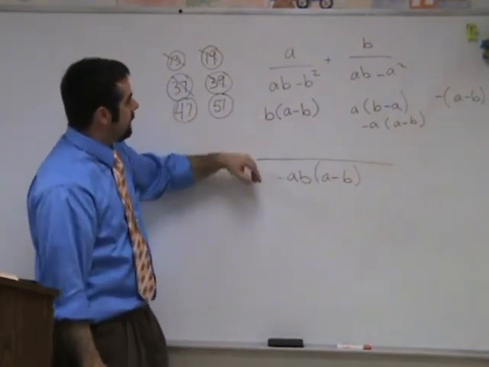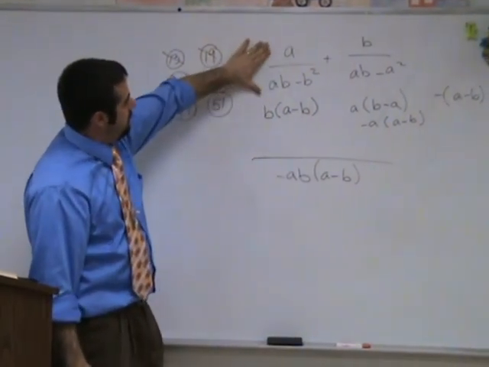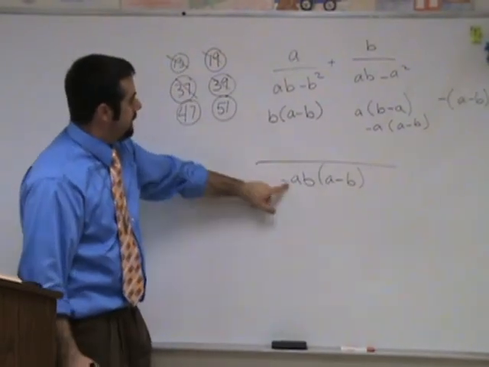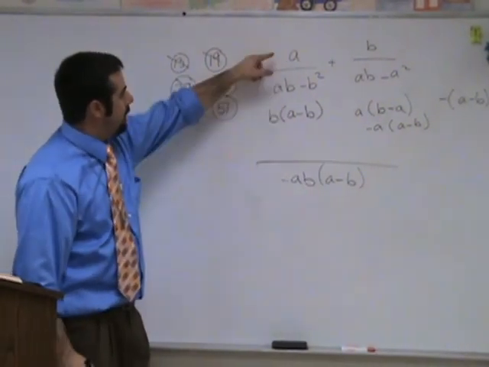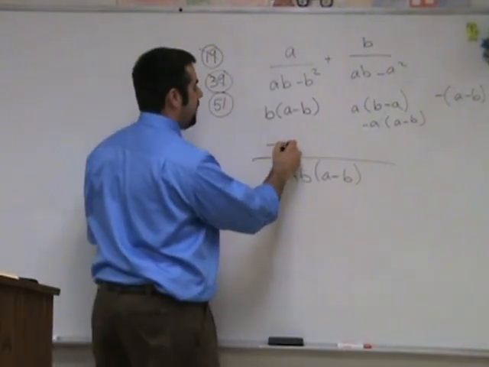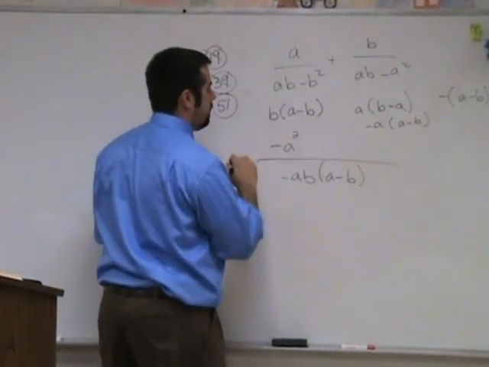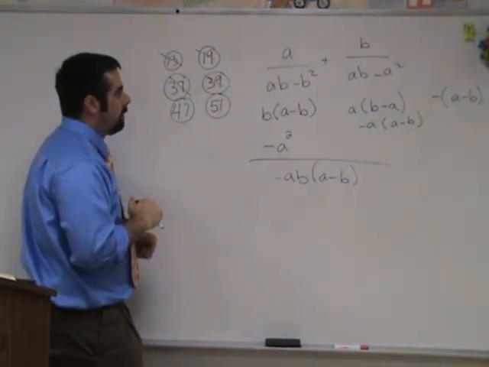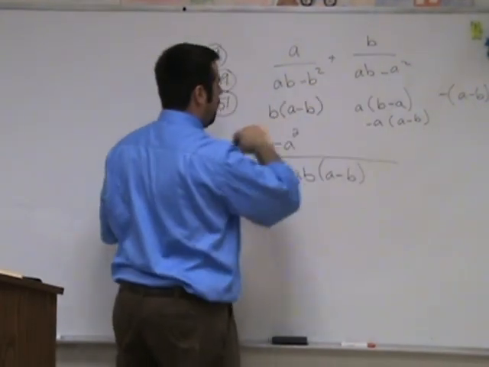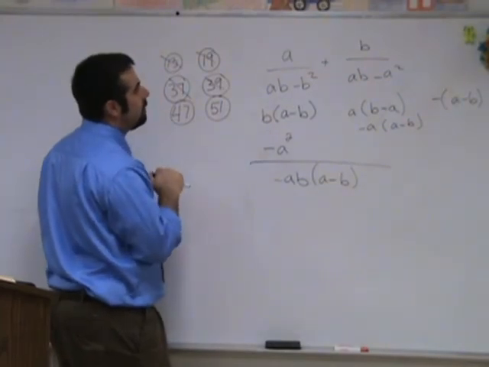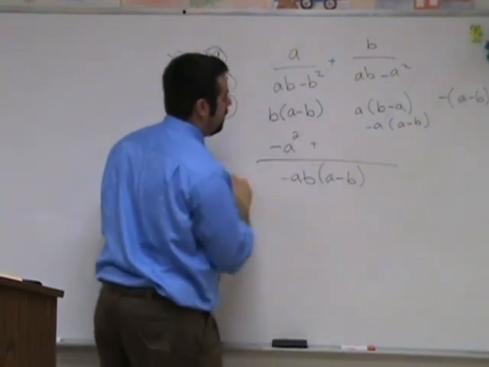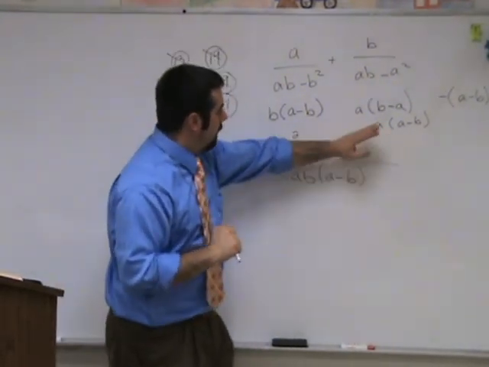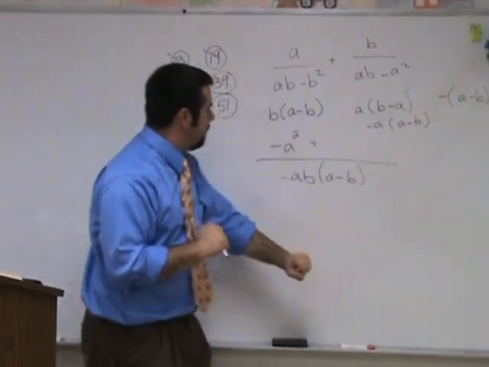Okay, so now to get there. This first term right here has the b, has the a minus b, but I need a negative a. So I multiply the numerator by that negative a to get negative a squared. All right, my second term over here, plus, I have a negative ab.